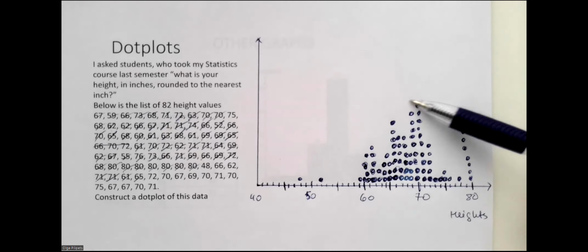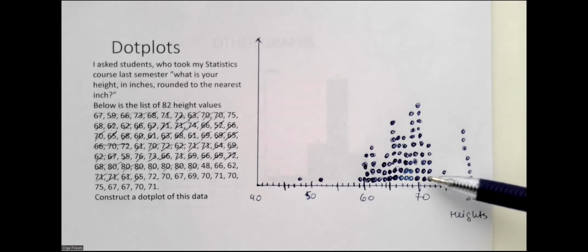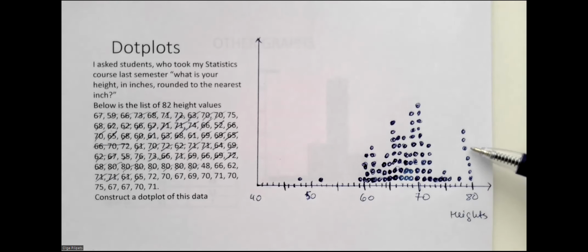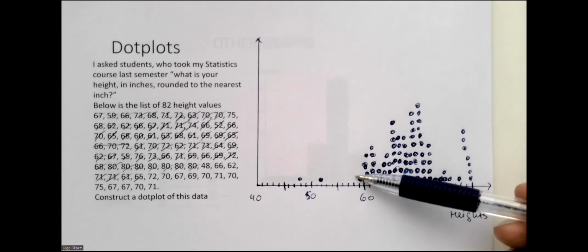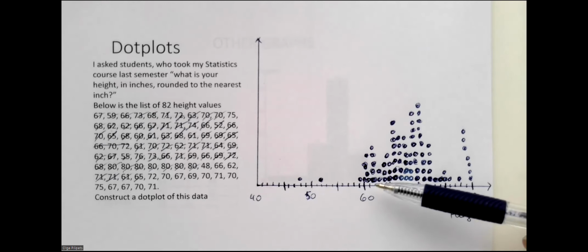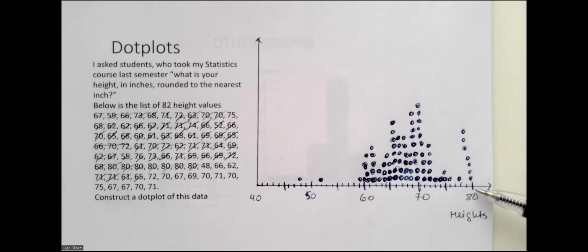They're not grouped with the rest of the data. I also had a very high column here on 80. I'm kind of curious if those were the true answers or just made up answers. That's what I'm wondering about. But anyway, the majority of the data is between about 59 and 80.